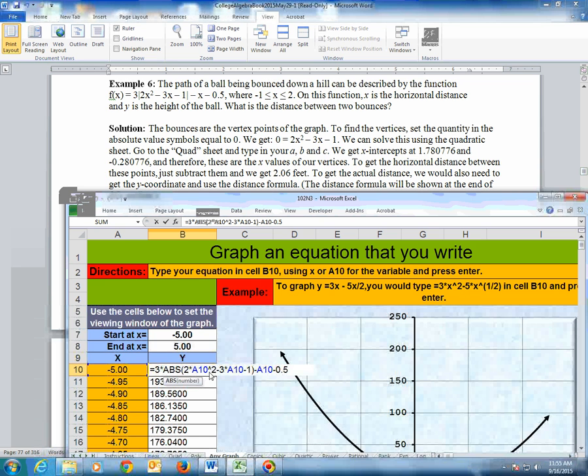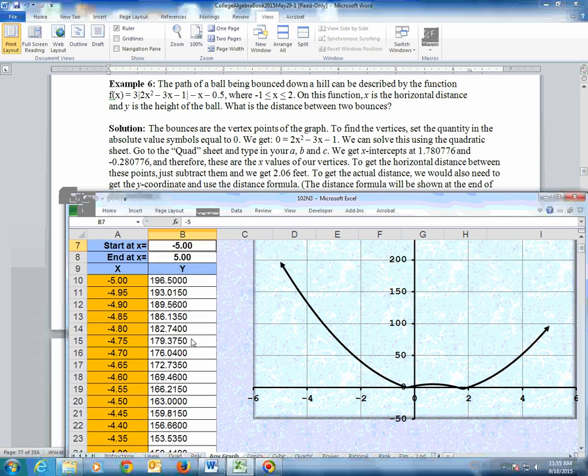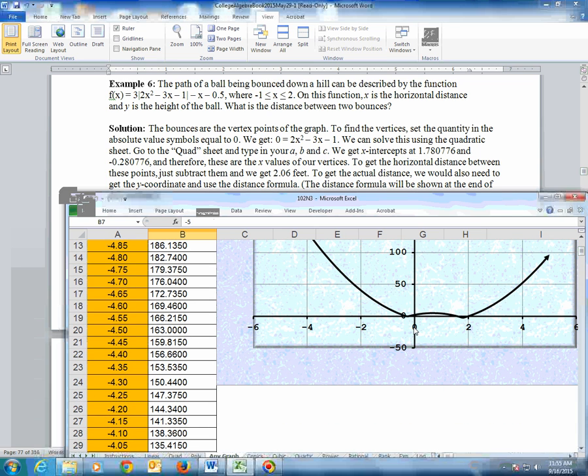Originally I had typed in everywhere there's an A10, I had an x. So I had an x there, x there, and an x there, and then I hit enter, graph it. I have the viewing window set from -5 to 5. So the bounces are these bounces right here, and these are considered vertex points right here.